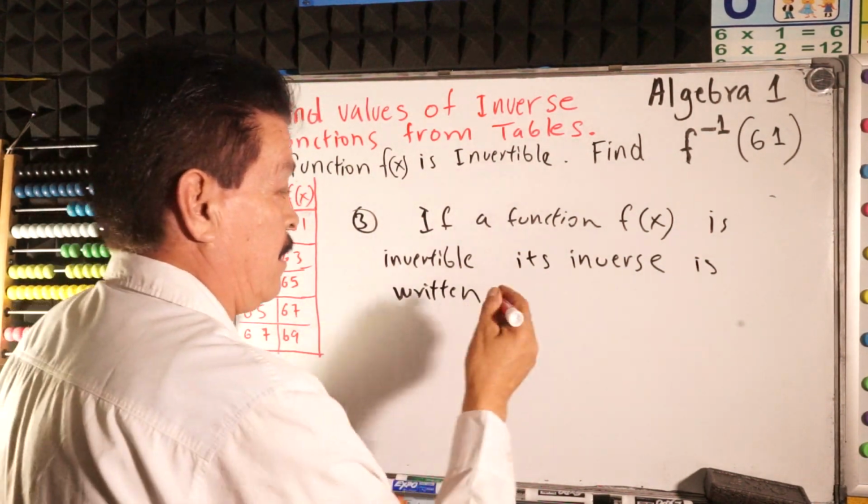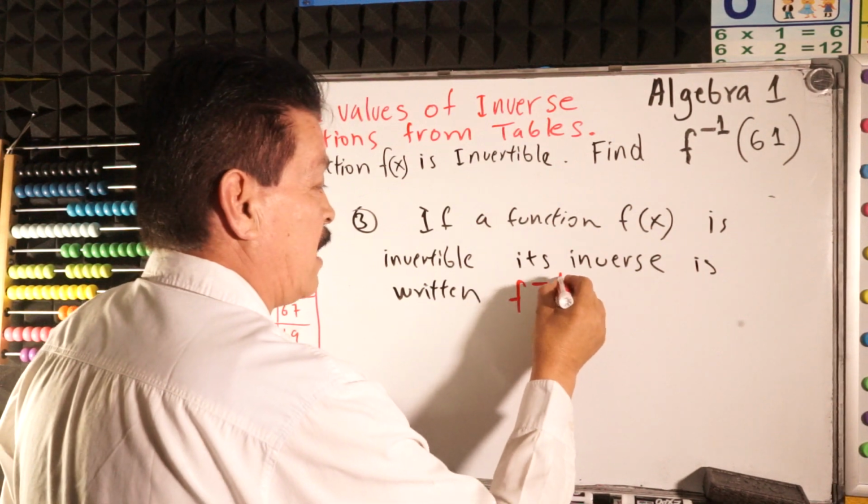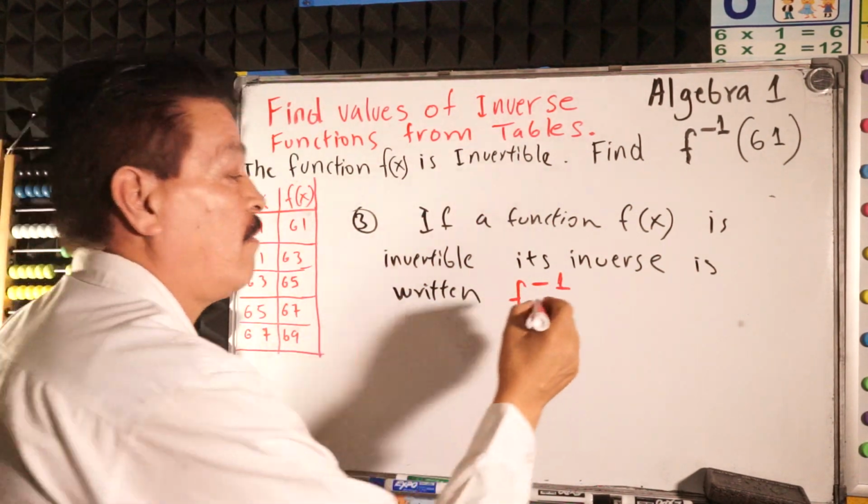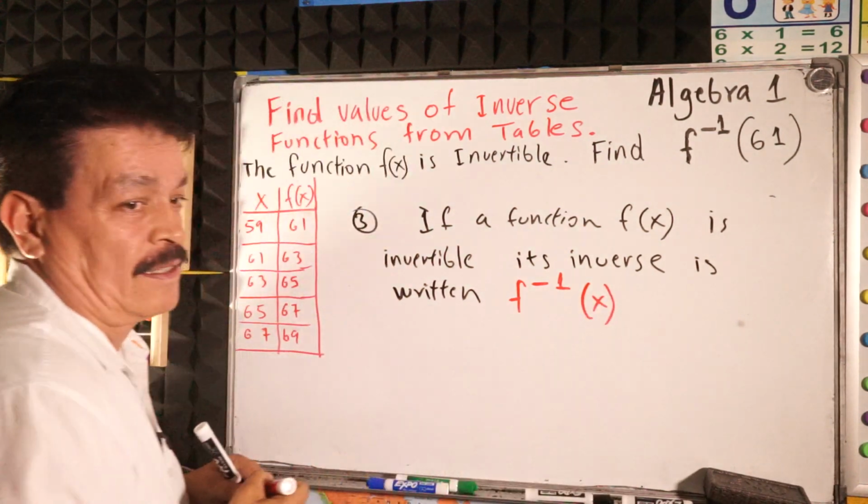This is the sign, f to the -1. That's very important for f of x.